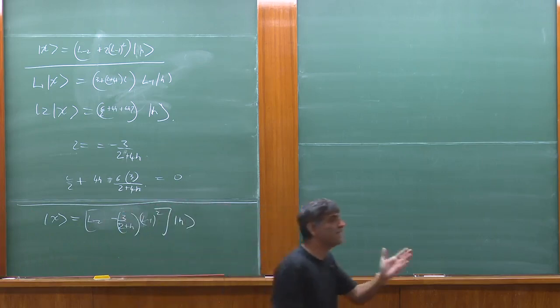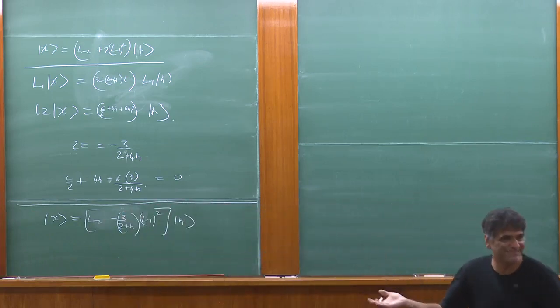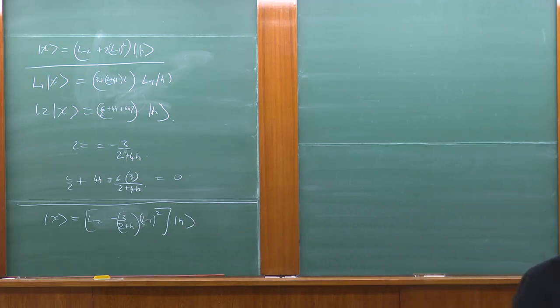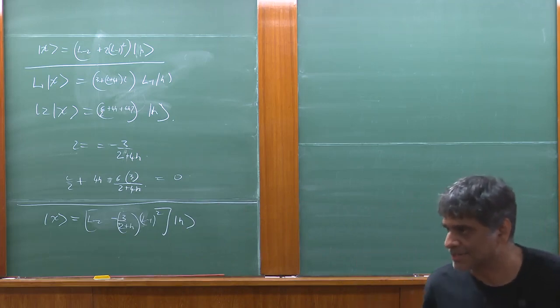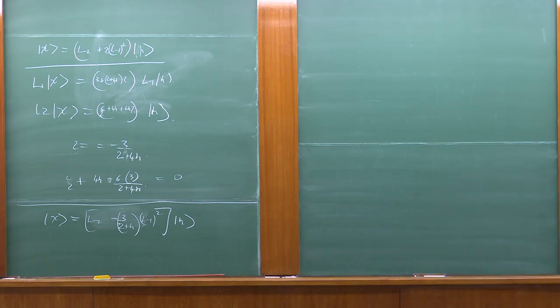L minus 1 is very simple. L minus 1 was just del z. So we're not going to try to be fancy with that. L minus 1 squared is just del z squared, where z is the location of the operator under consideration, not the other operators. But for L minus 2, what we do is transfer that operation onto the other operators and use the differential operator that we developed.